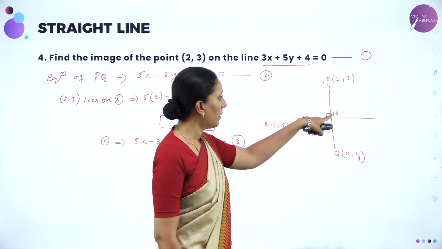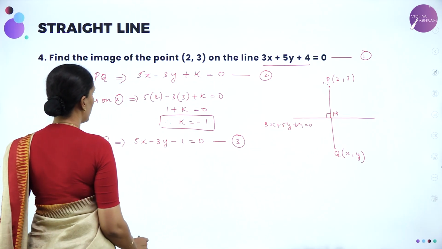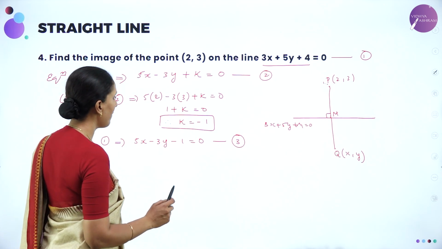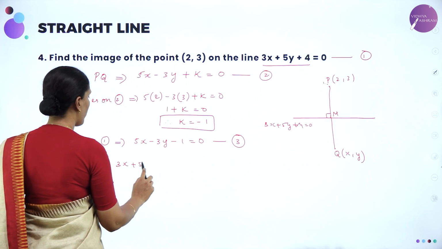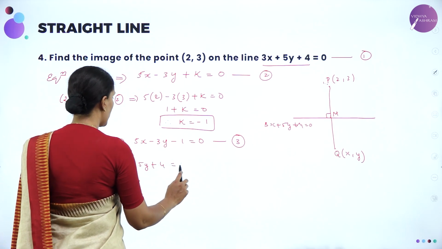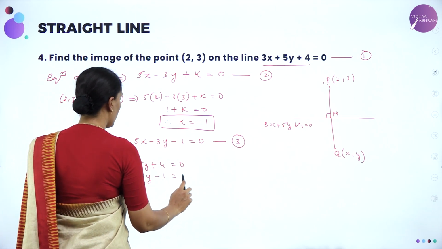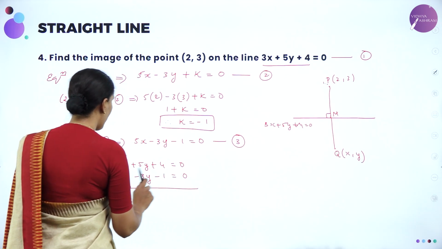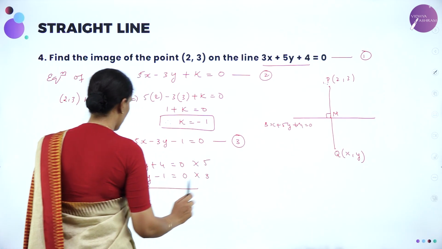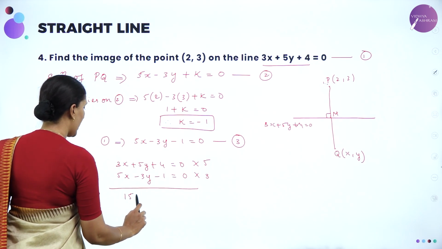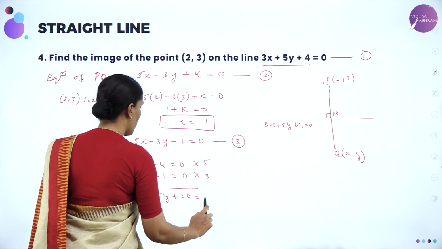Now, let me find the point of intersection M by solving equation 1 and equation 3. So we have 3x plus 5y plus 4 equals 0 and 5x minus 3y minus 1 equals 0. Since I do not have any common coefficient, I will multiply by 5 here and by 3 here. So 5 3s are 15x, 5 5s are 25y, 5 4s are 20 is equal to 0.